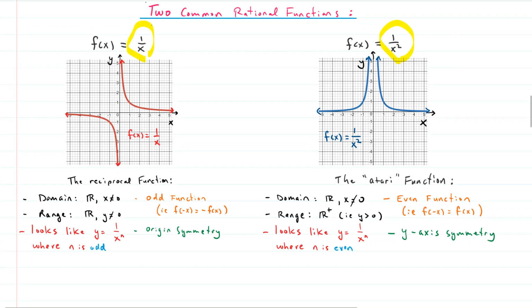And they kind of look like they're both shooting arrows towards the origin. And the 1 over x squared function has a very similar bow and arrow shaped curve in the top right, but the one that was in the bottom left is now popped up into the top left. So it kind of looks like the Atari symbol if you are into old school gaming.